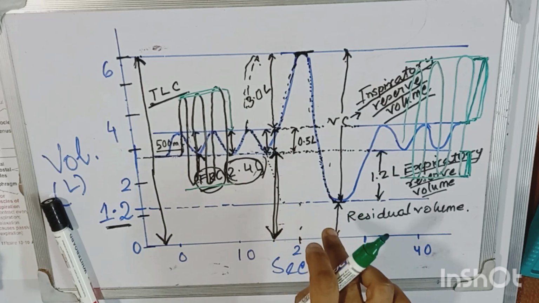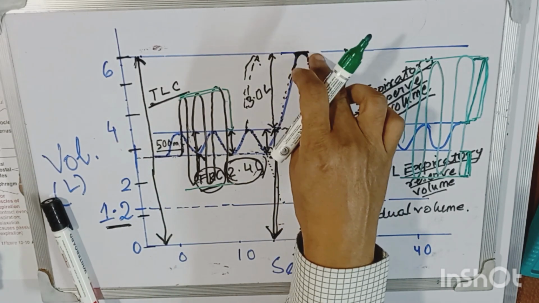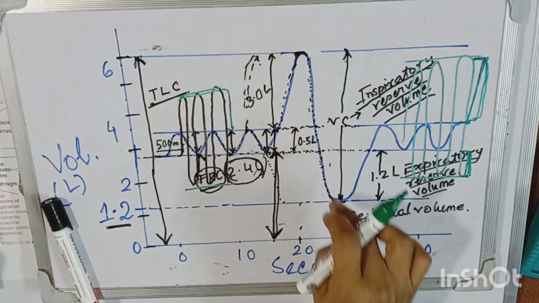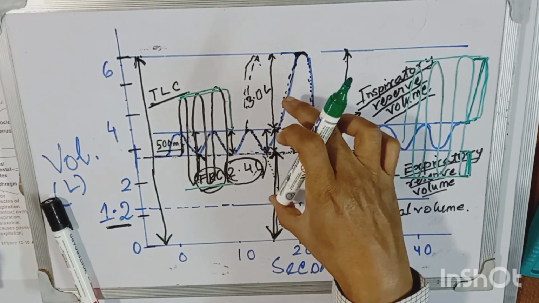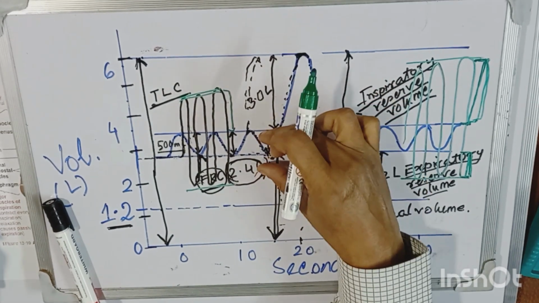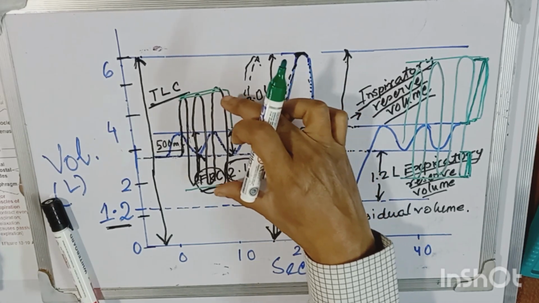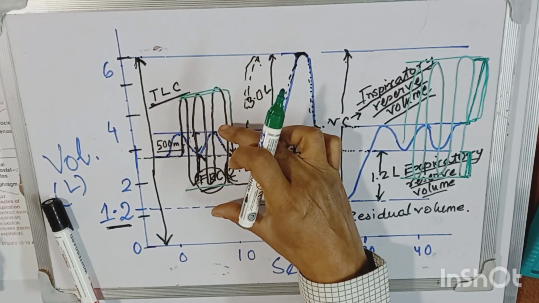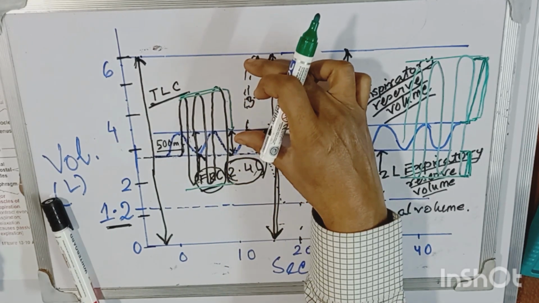But we can use a fraction of this total volume while breathing heavily. This was the lower fraction, this was the tidal volume. I increase this fraction, but this fraction can be here, or here, up to here.